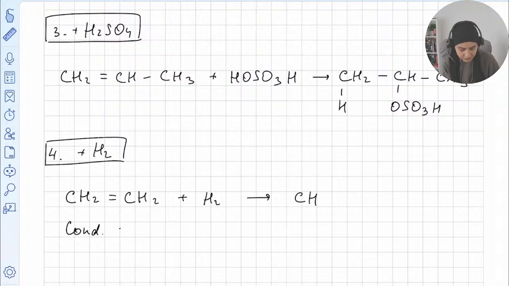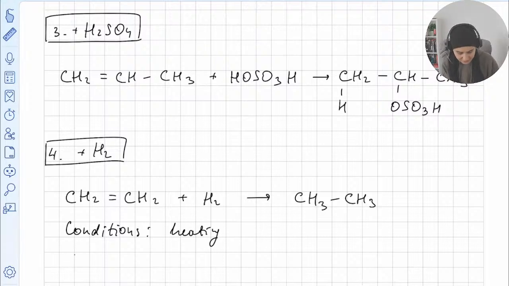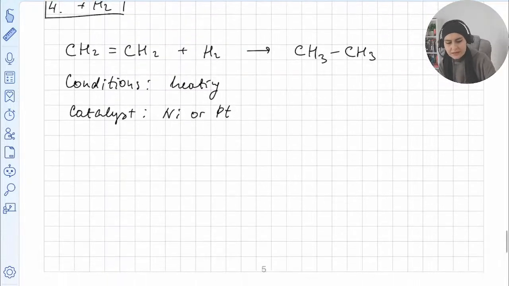So again, you remove the double bond, make it single, and attach H to one carbon, H to another carbon. Conditions are heating, sometimes pressure, and a catalyst would be nickel or platinum. So you get an alkane.